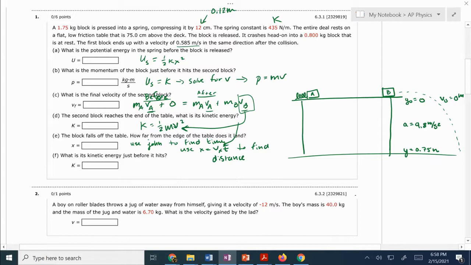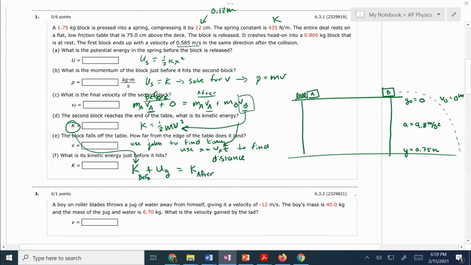What is its kinetic energy just before it hits? Take your answer to D and add the gravitational energy of the second block, and that's going to equal the kinetic energy after.